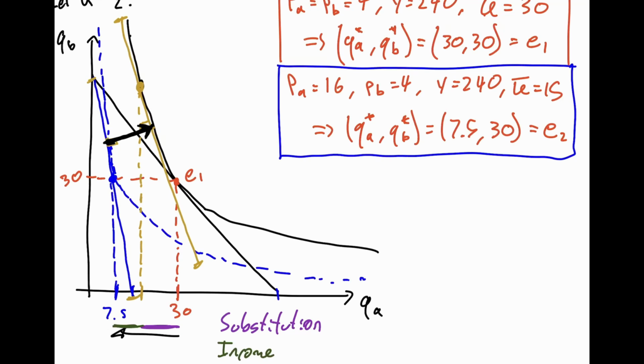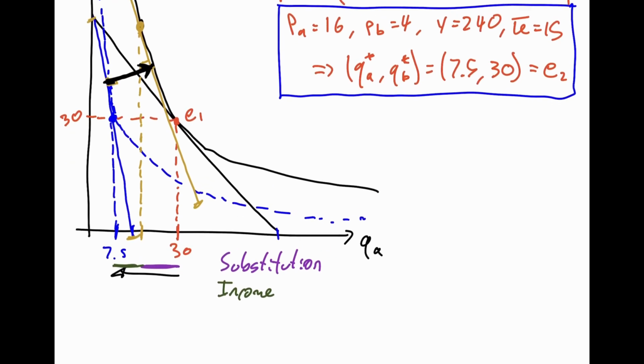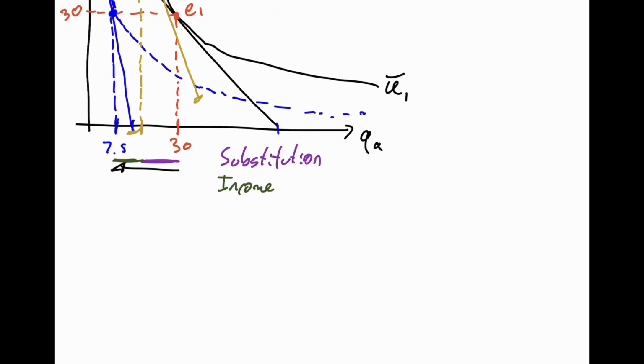How much do we need to shift it out so that we remain on the same indifference curve? So essentially what we're doing is we're just saying, let's hold U bar constant and walk through our cost minimization procedure to place the budget tangent to the indifference curve, U bar 1. So that's what we're going to do.